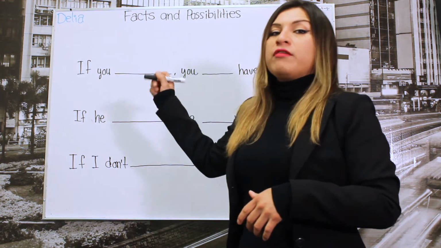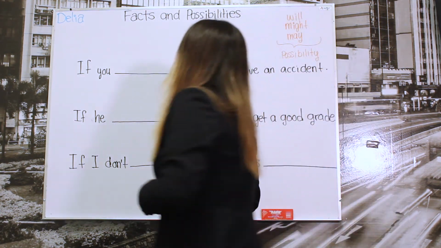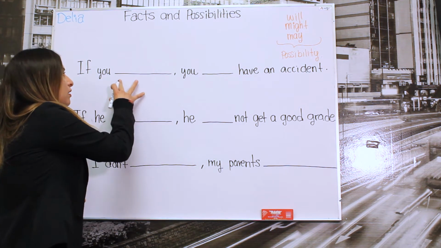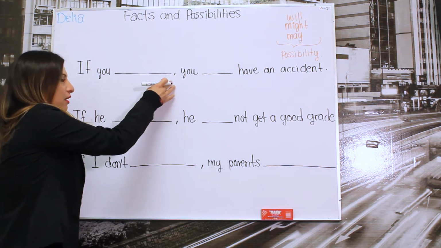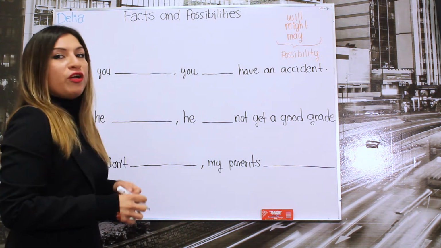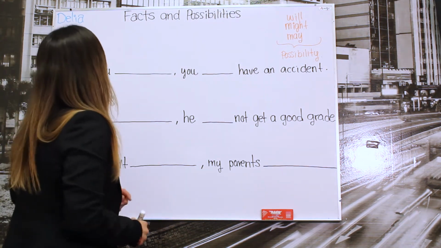So let's fill in the missing spaces. What can be here? The first sentence, if you see, they are separated by a comma. The first is going to be in simple present.